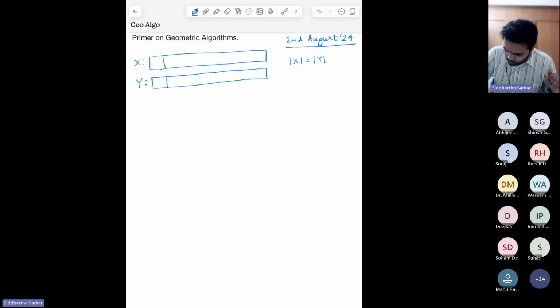So now, what do these numbers signify? Let's say the indexing starts from 1. So 1, 2, 3, and so on. Let us say there are n numbers.